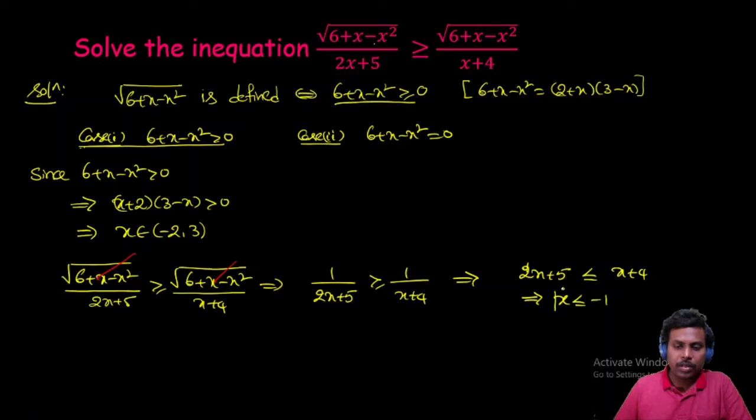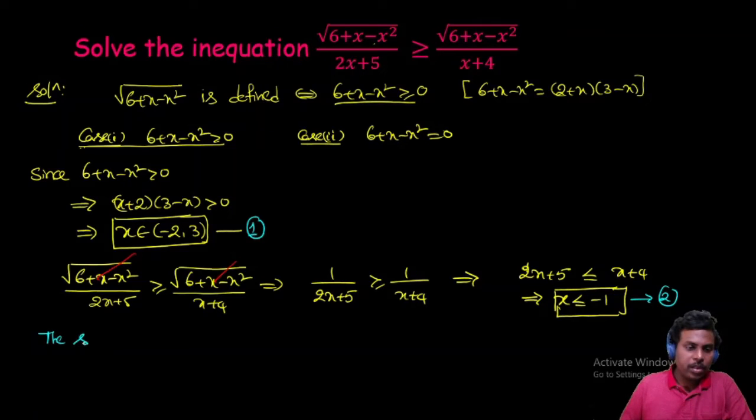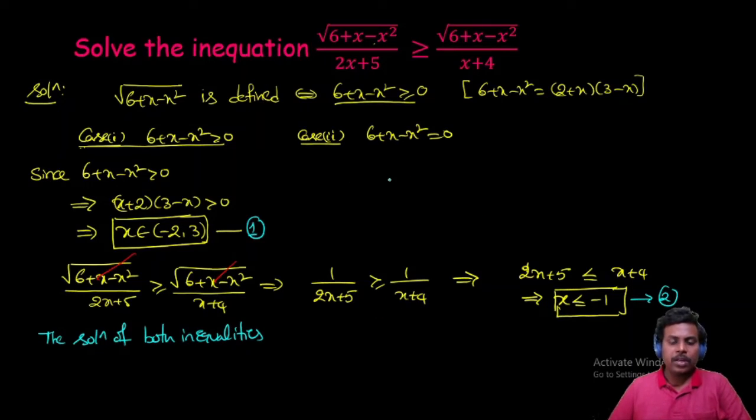So we have got one more inequality here. So in the case 1, we have got two inequalities, namely inequality 1 and inequality 2. Okay. So both the inequalities hold true. The solution of both inequalities, let us try to understand with the help of real number line.